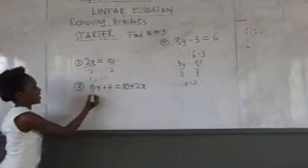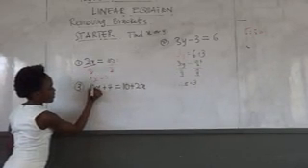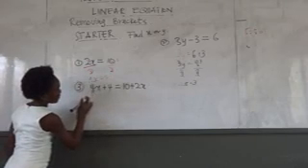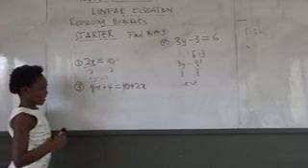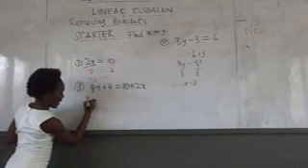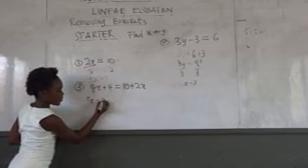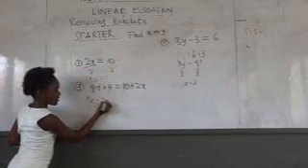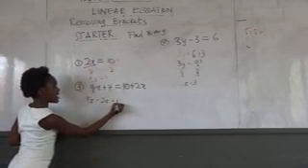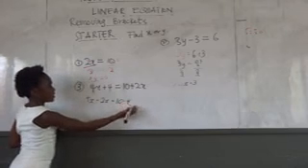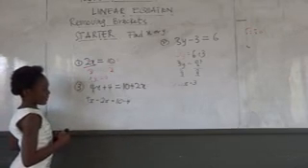When we come here to number 3, you group like things. So 4x minus 2x equal to 10 minus 4. They've crossed, so they all become minus.